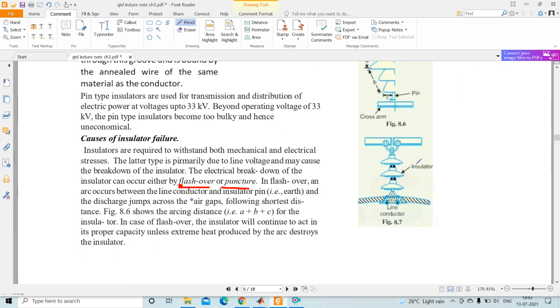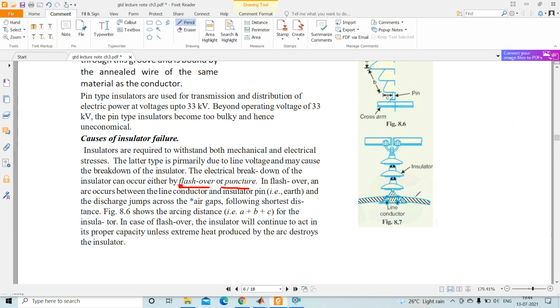The air acts as a dielectric medium, an insulating medium, but when its dielectric strength breaks down, only then will flashover happen.